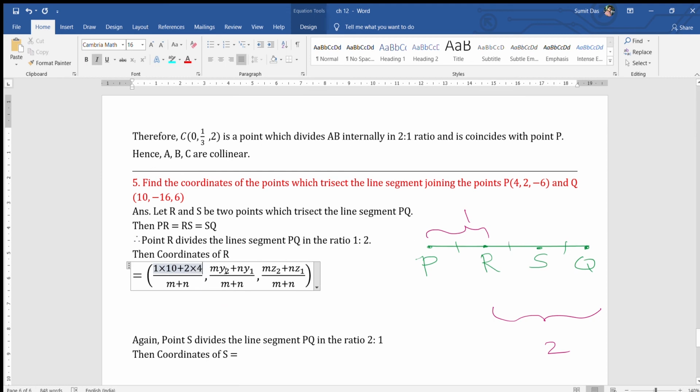Okay, similarly here also, m is 1, y2 is minus 16.